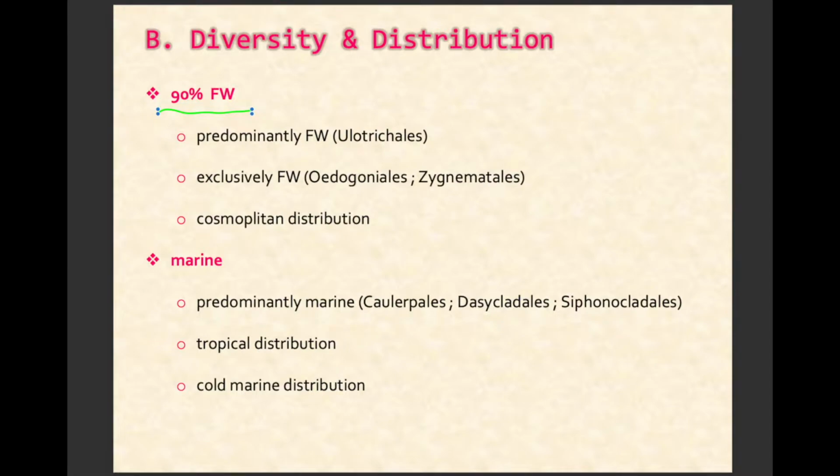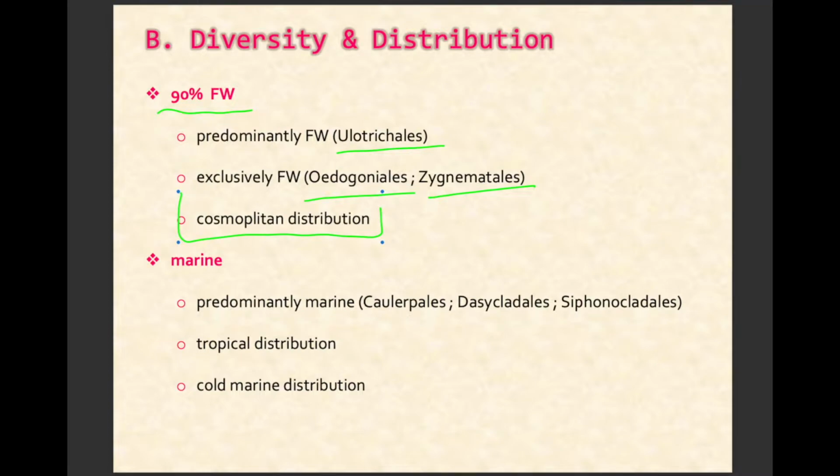This includes predominantly your Ulotrichales, Oedogoniales and Zygnematales, which live exclusively in freshwater habitats. These freshwater representatives exhibit what we call cosmopolitan distribution, meaning you can see them almost everywhere. Probably the freshwater species that you can see here in the Philippines can also be seen in the United States or in Africa, for the most part of the globe.